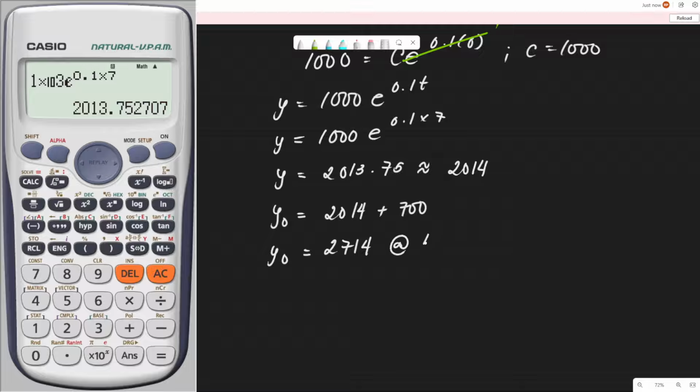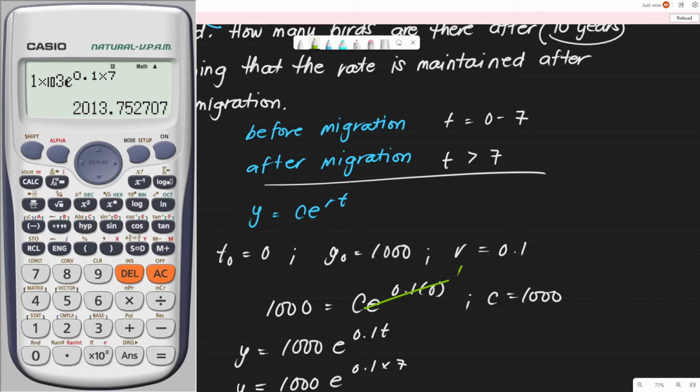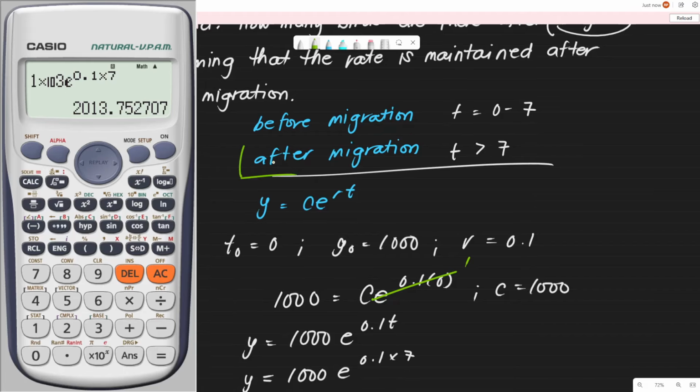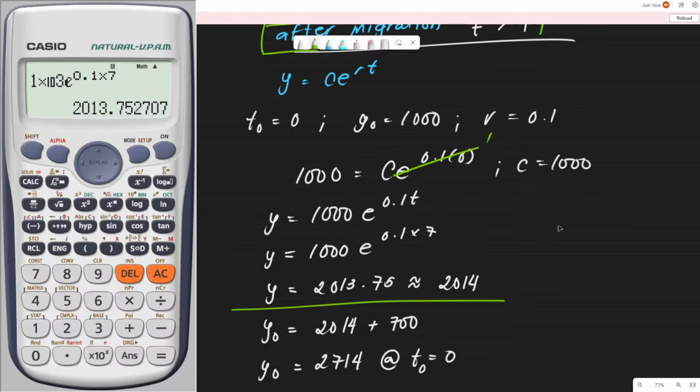at time 0. Guys, hindi na natin gagamitin yung 7. Bakit? Kasi this is already, ito, lagyan natin ng borderline. Ayan. So, dito kasi guys, ibang event si after migration kay before migration, hindi sila equal basically. So kaya kinonsider natin yung time after the migration, magre-reset tayo ng panibagong calculation.